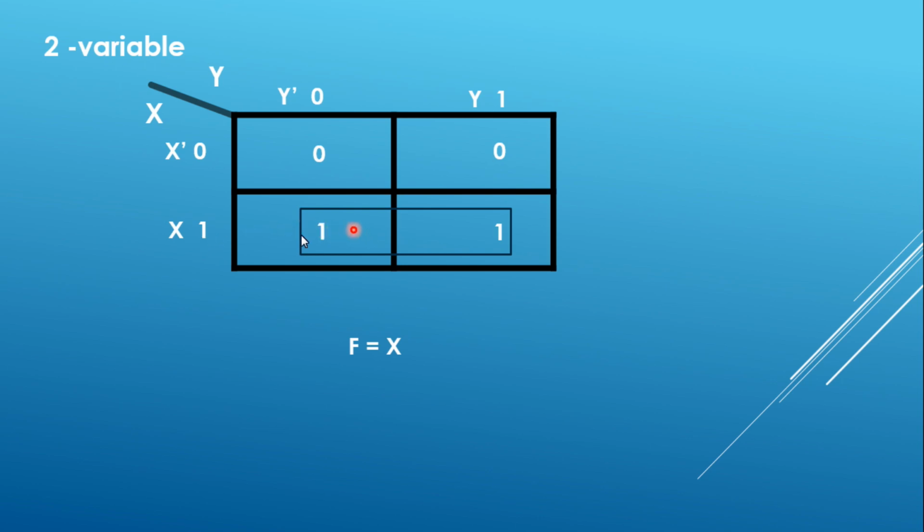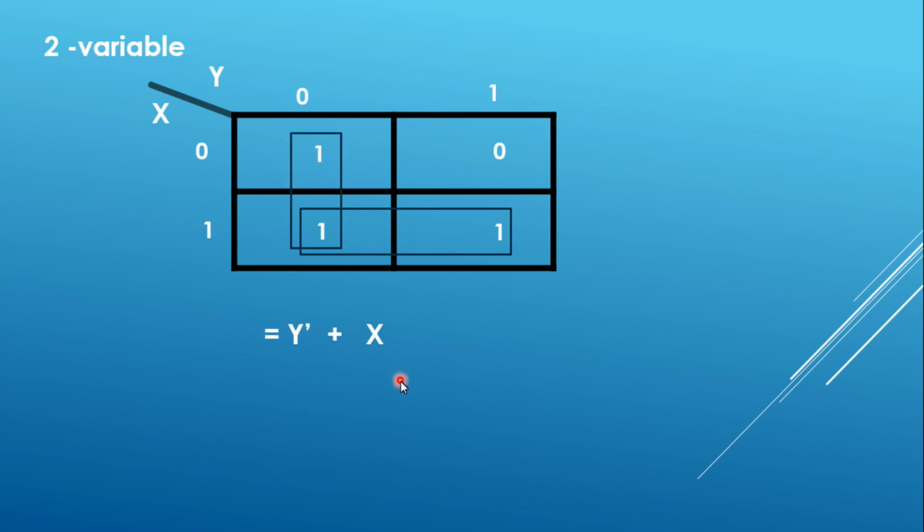See, x is constant, x is 1, but y is changing from y bar to y. So y will be removed and x will remain, and that will be the output. The minimized term for this will be x. Since there is only one pair, the final f can be represented with x. So this is the minimized expression.